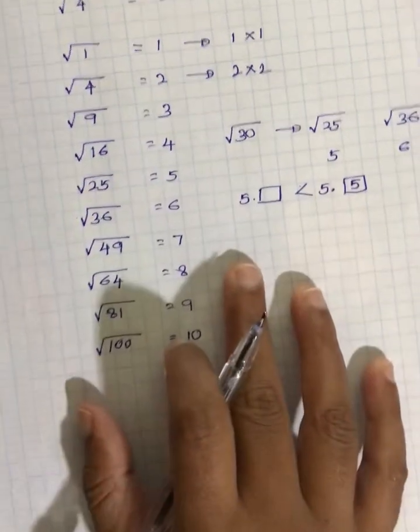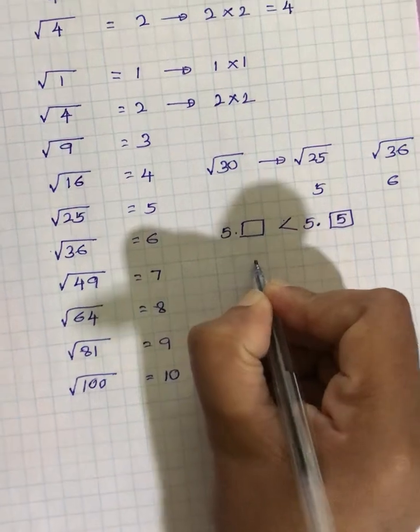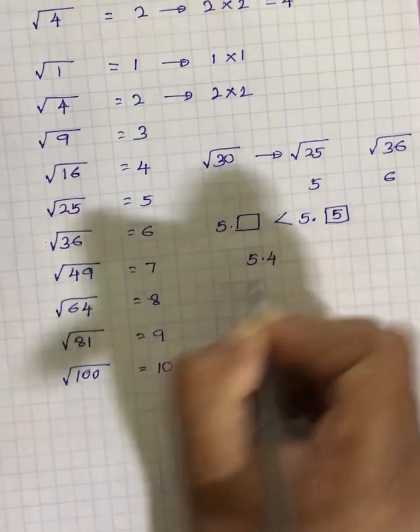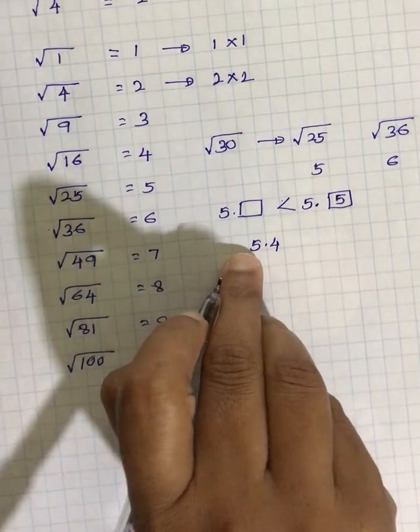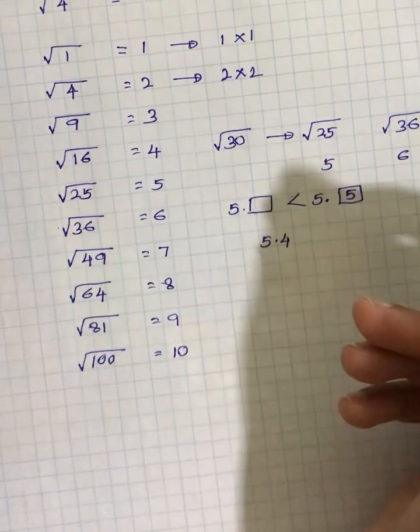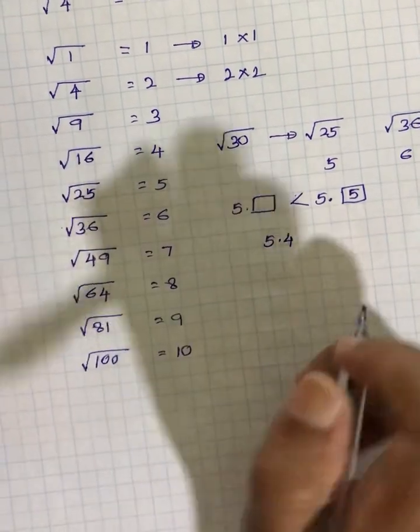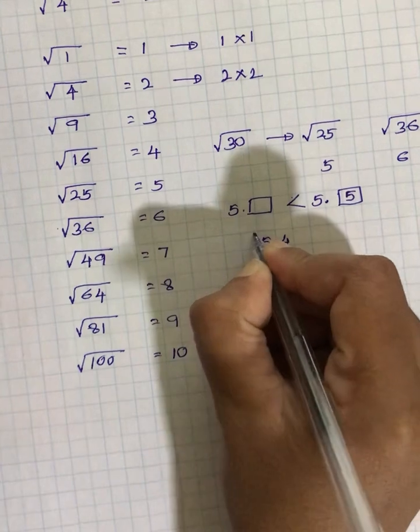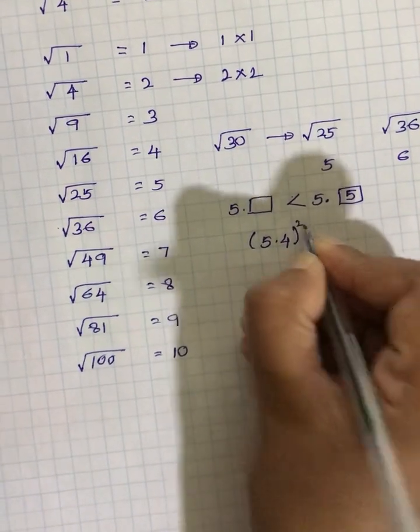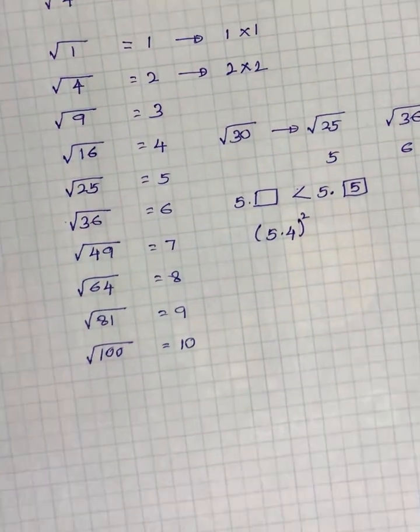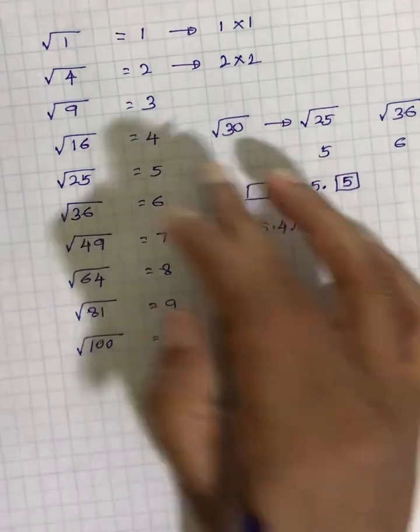So let's try 5.4. If we think that 5.4 can be the square root of 30, you need to multiply this and find whether the square of 5.4 is close to 30, right?